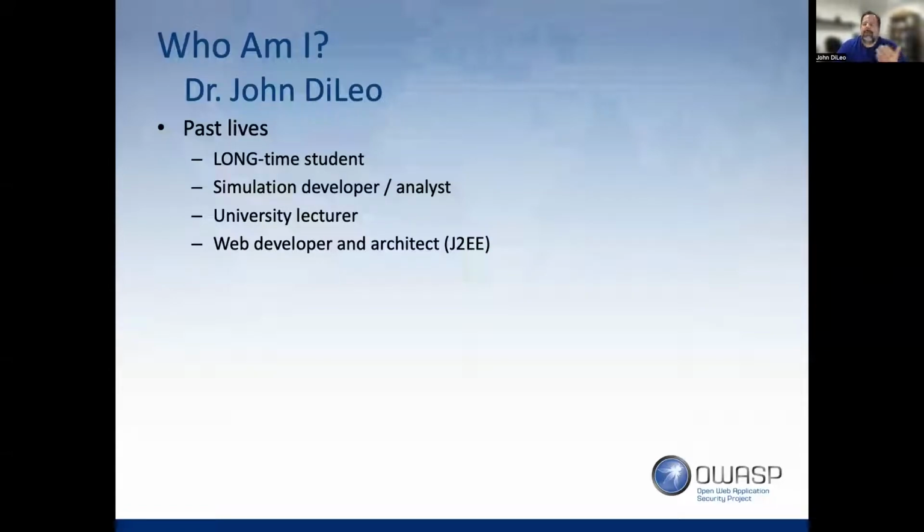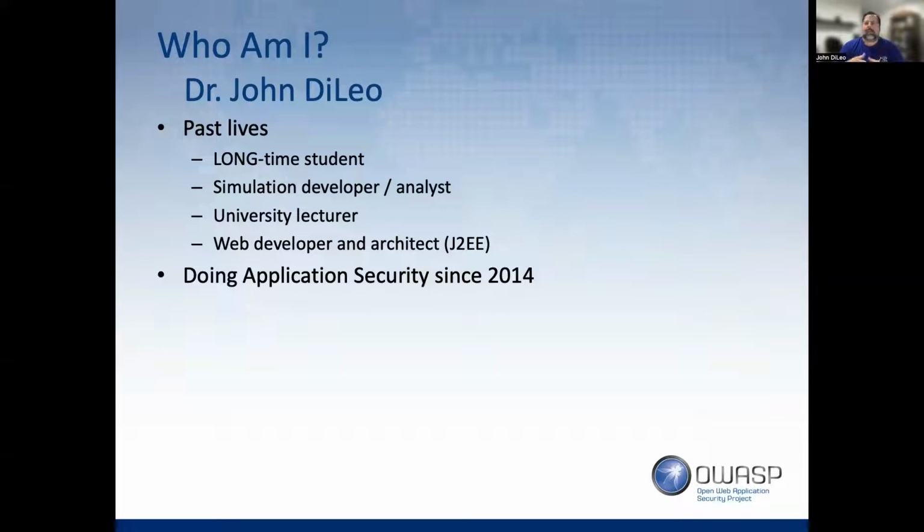I started out doing simulation development straight out of university, did a lot of analytical work for a couple of government agencies in the US. I spent some time on and off as a university lecturer in maths and computer science. I switched over to web development because it paid well. And then in 2014, I jumped lanes into doing web application security.